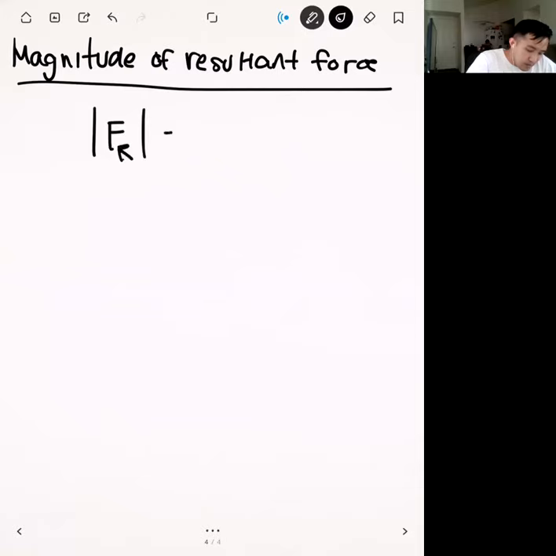Okay. So usually, this is just given the symbol FR. But if you want to be totally precise and say that this is the magnitude of a vector, you can add the two vertical lines up there. Okay. The formula that we had from class was the following. The magnitude of the force will be gamma, where remember this guy is the specific weight.